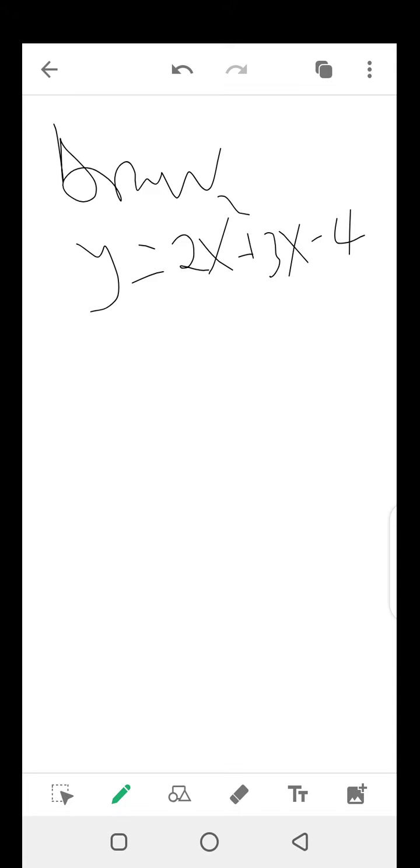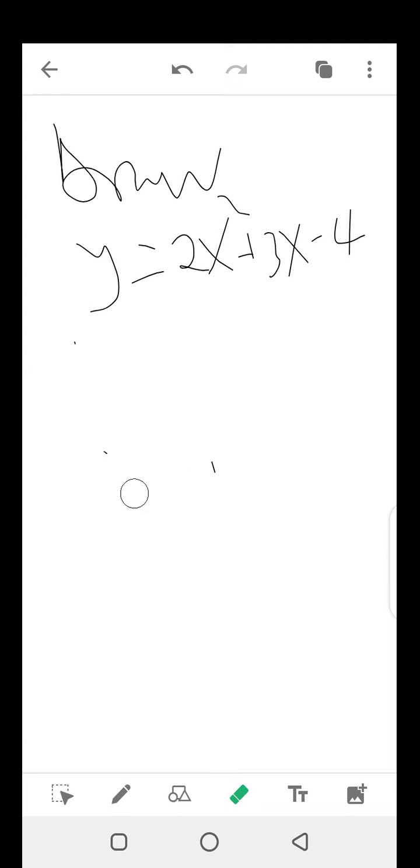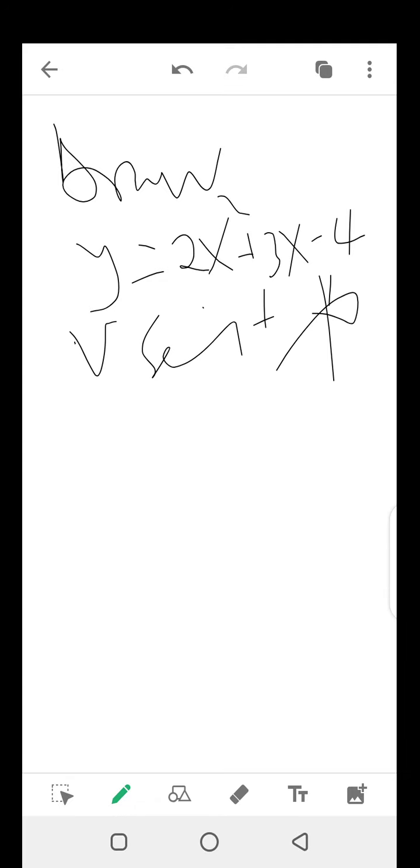Then they say, hence, using the graph, use it to solve.